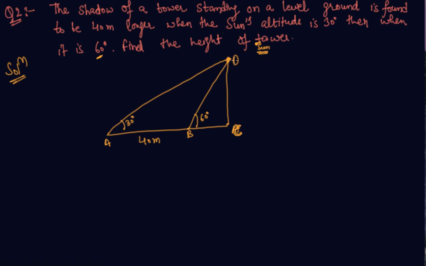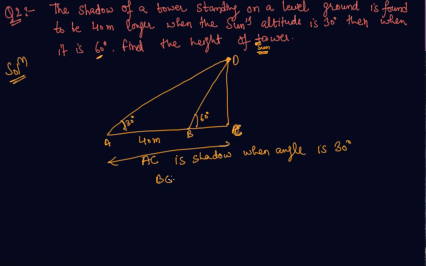When the sun's altitude is 30 degree, the shadow is AC, and BC is the shadow when the angle is 60 degree. If you get the question very accurately, you can solve it very smoothly. Okay guys, I hope you are clear up to now. And the difference AC minus BC is 40 meter.